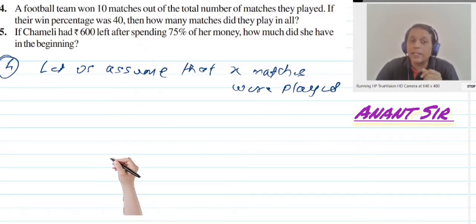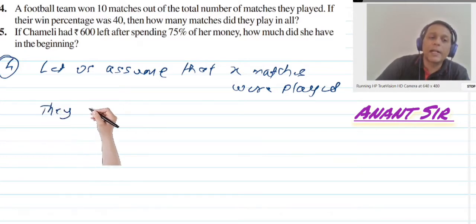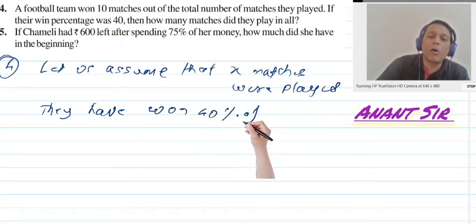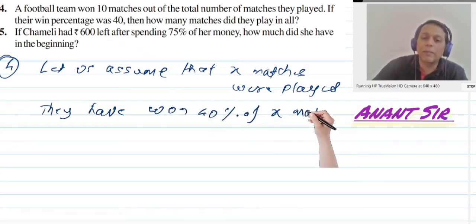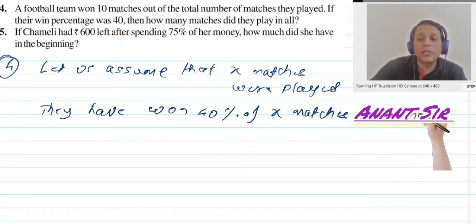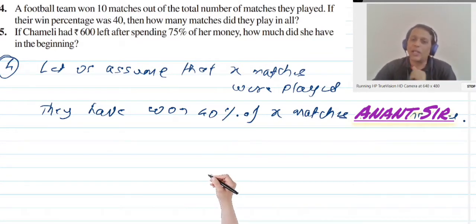And what is the win percent? 40%. They have won 40% of X matches, which is equal to how much? Which is equal to 10 matches, right? 40% of the number of matches they have played.